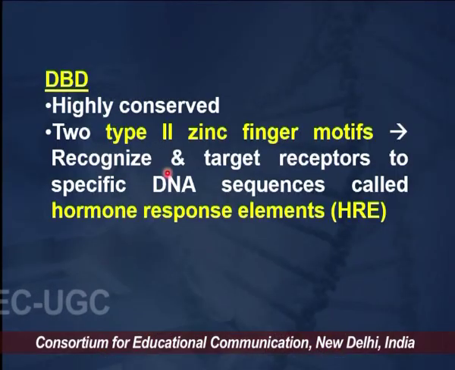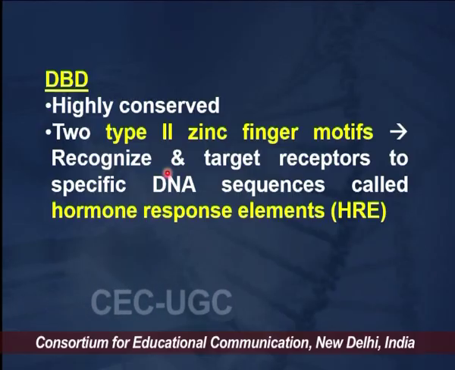So, keep in mind that the DNA sequence to which this receptor comes and binds is called HRE, that is hormone response element. A hormone response element is nothing but a DNA sequence to which the receptor will come and bind, and this is possible because of the zinc finger motifs present in the DNA binding domain.